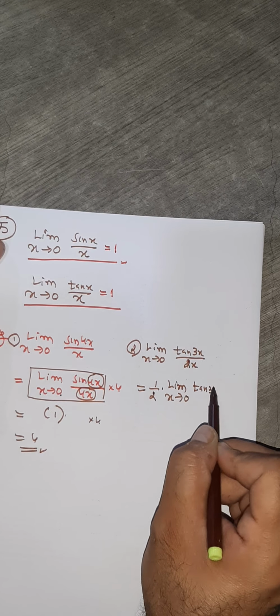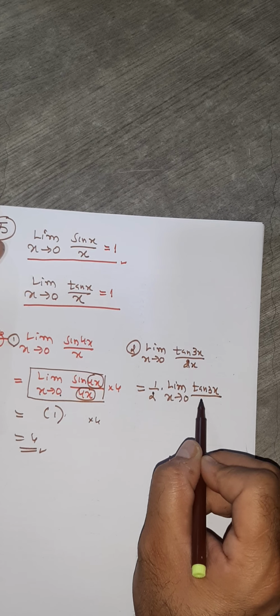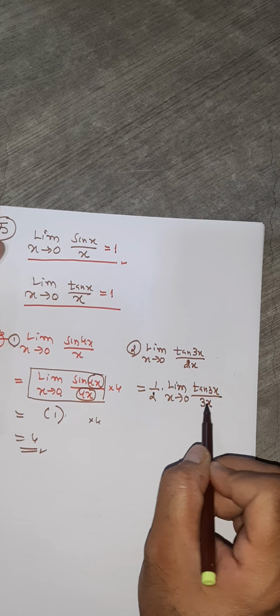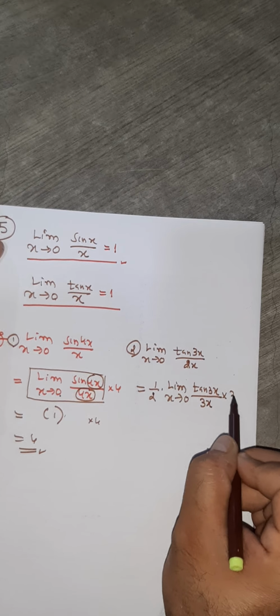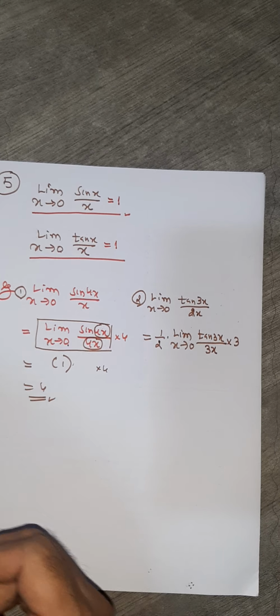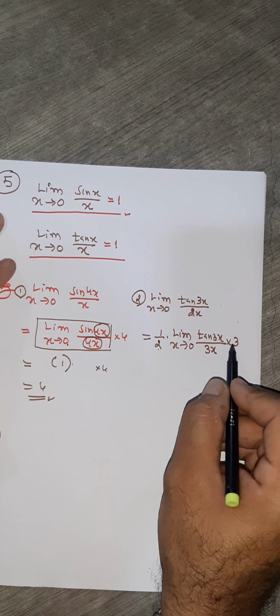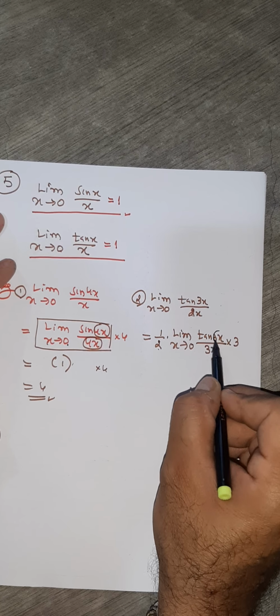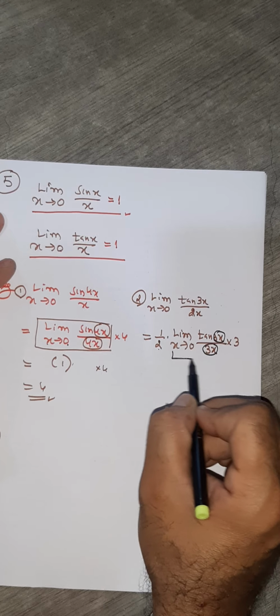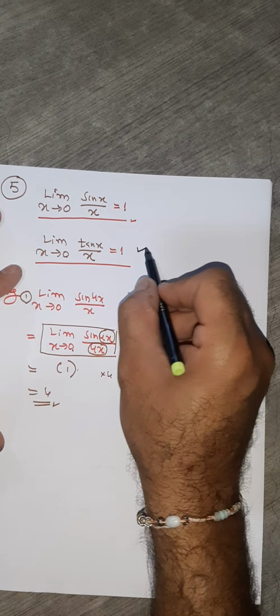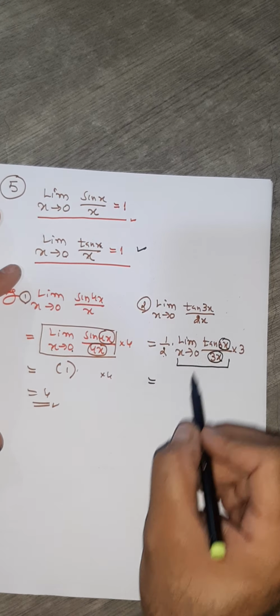So I have tan 3x. Now upon, you must have 3x. What will I do? Multiplying and dividing by 3. So by 3 into 3. So now this is a constant, this is a constant. These two angles are the same, 3x, 3x. So this limit goes to 1 as per this formula. The angles should be equal, that's what this result says.